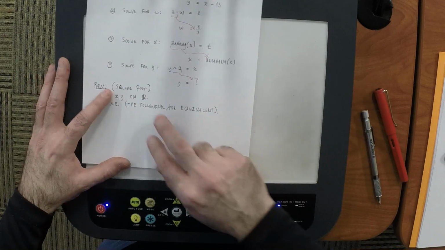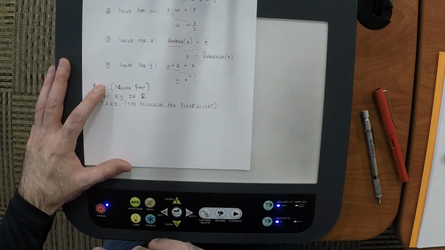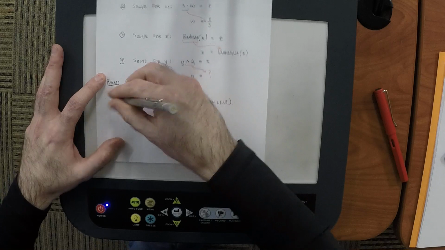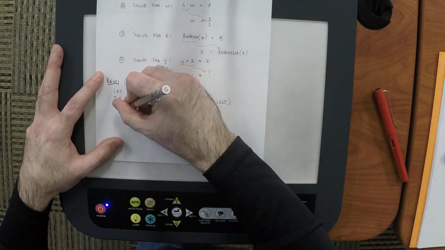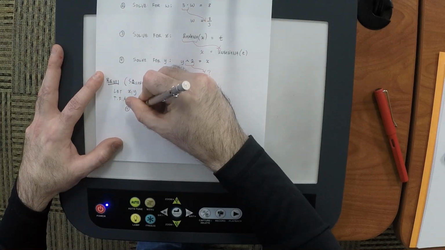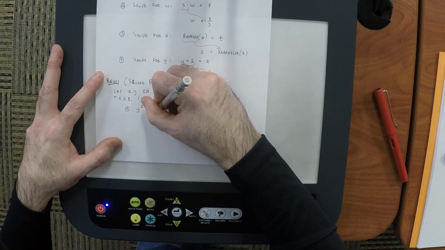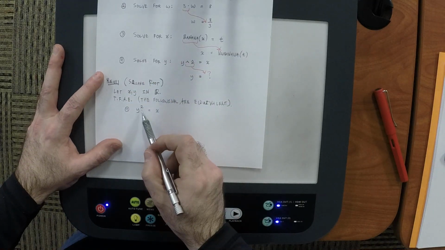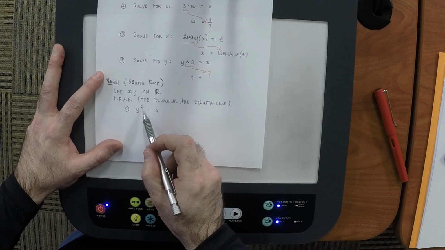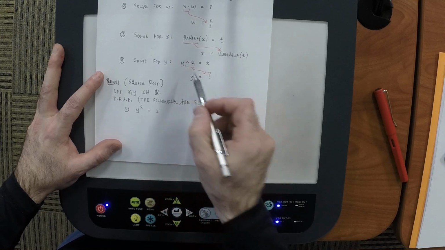So what I'm going to do right here is write two things that mean the same thing. First is that y squared is x. Of course, I'm writing it as an exponent with a superscript, but do remember that that's caret 2.